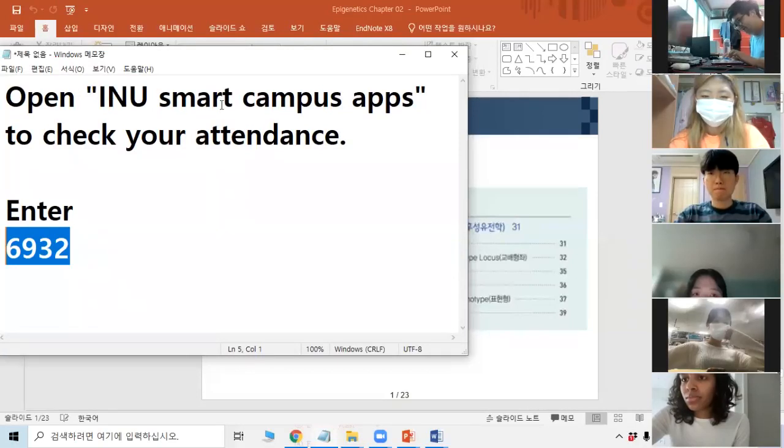Use the INU Smart Campus apps to check your attendance, and just enter 6932. Okay. I will check the attendance right now.